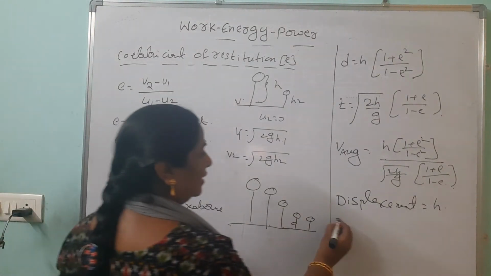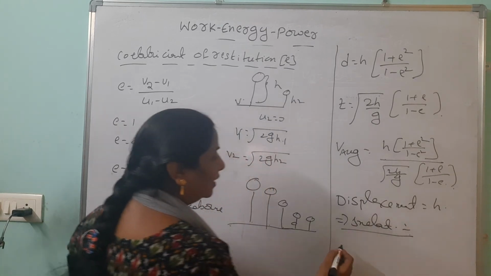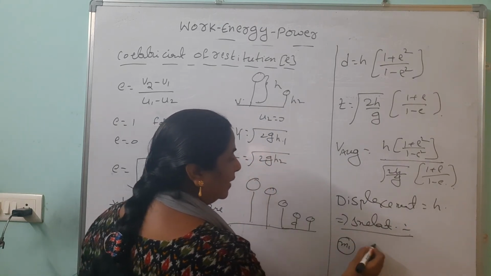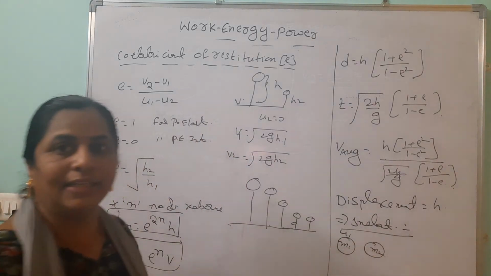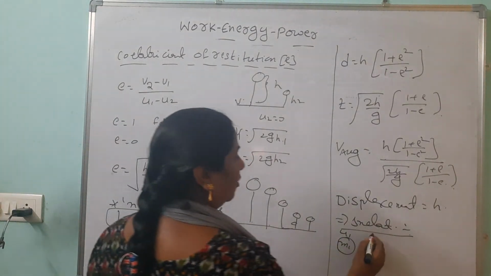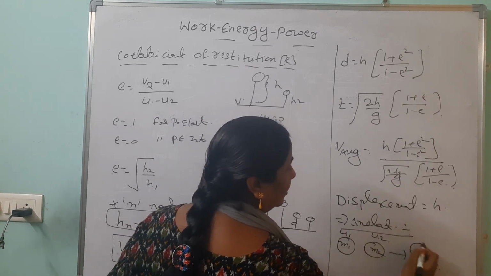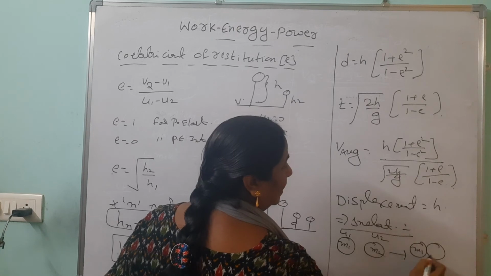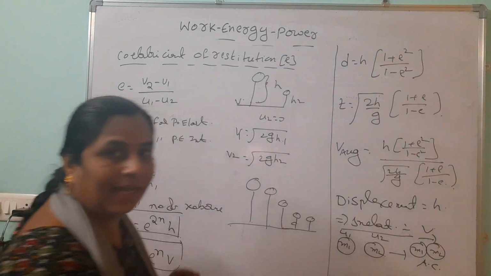Like that, inelastic collision. In the case of inelastic collision, see, this is the first body and this is the second body. This is moving with velocity u1, and this is moving with velocity u2. After collision, for perfect inelastic collision, both stick together and move with a common velocity. This is called the inelastic collision.